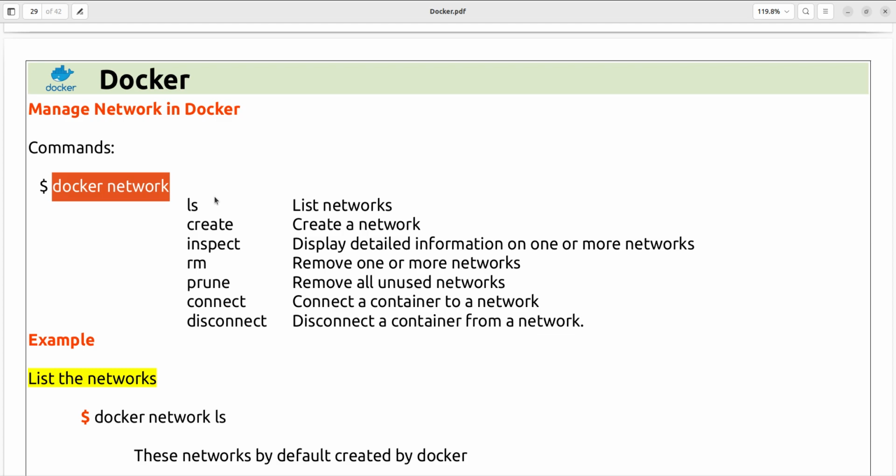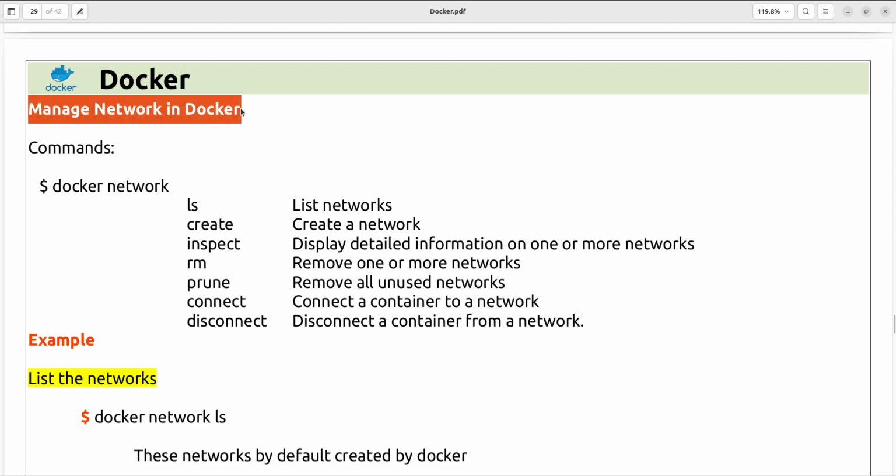If I ask how you manage containers, you write docker container ls, docker container run, docker container create, docker container stop, docker container pause, docker container resume. That is the management of containers. And to manage volumes, you write docker volume create, docker volume remove, docker volume inspect. That is the management of volumes.